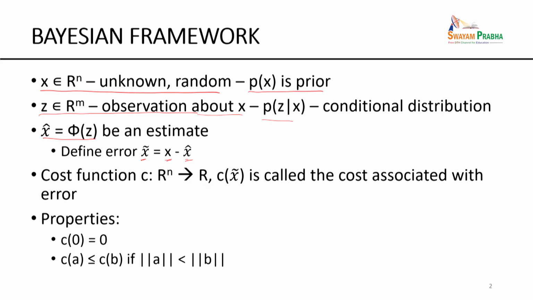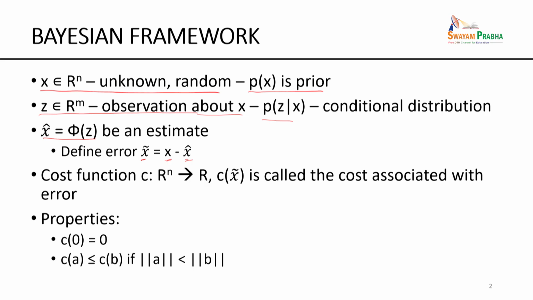Now please understand, the error in the estimate of the random variable. So what is x? X has a prior distribution. Mother Nature picks a value of x based on the distribution P of x. So today it may take one value, tomorrow it may take another value.